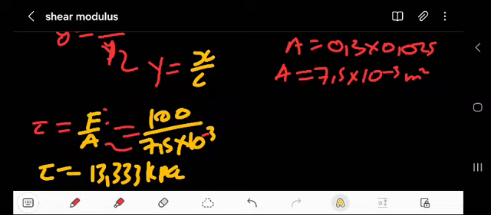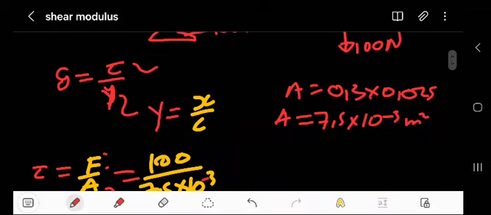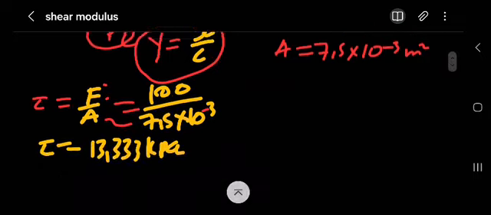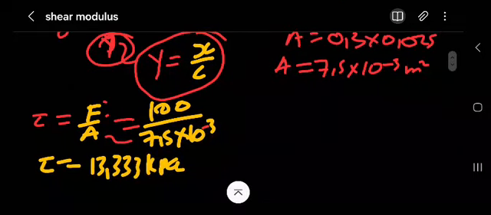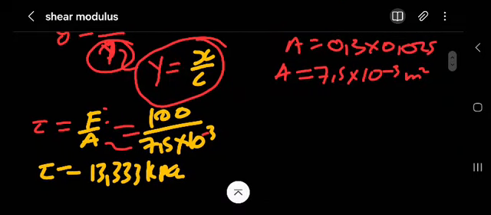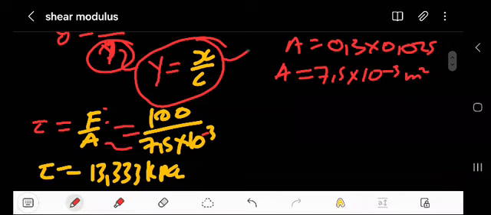Remember, we are done with this. Now we're left with finding the shear strain. We have the shear stress. Now for the shear strain, we want a change in length.